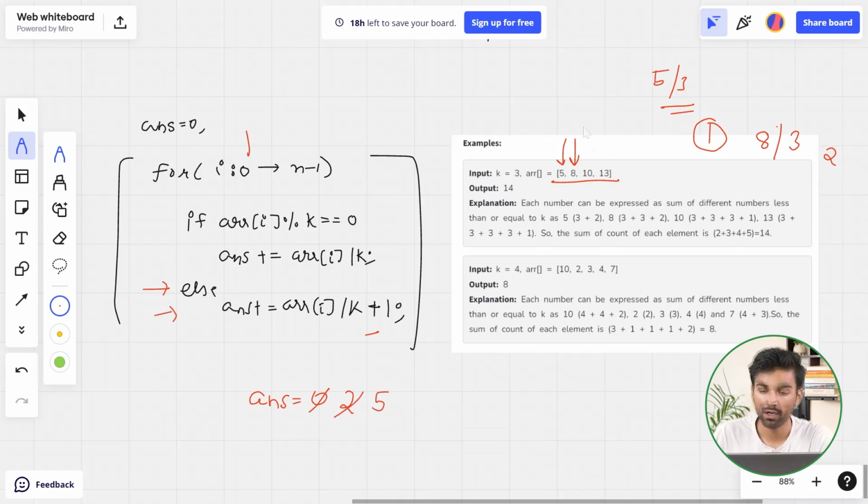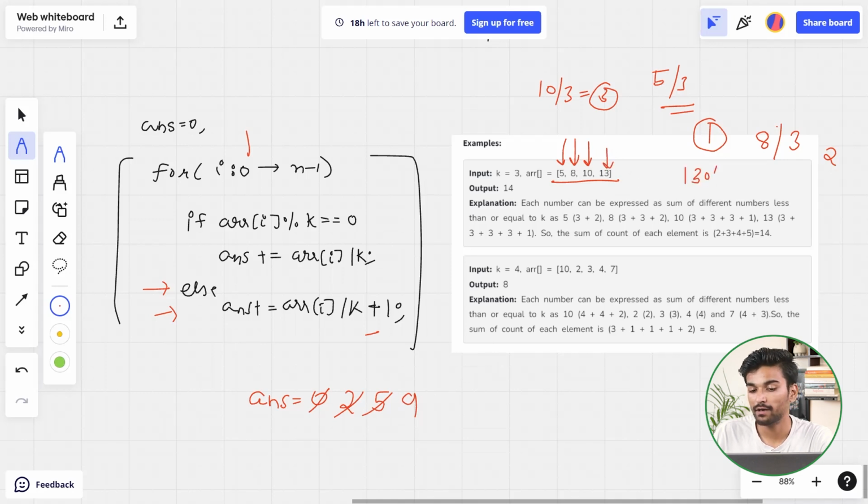2 plus 3. Now we can see that 10 modulo 3 is not equal to 0. So 10 by 3, it will be, I guess, 3, and we will be going into our else part. So 3 plus 1, that is 4. So I will add 4 to my 5, and it will become 9. And at the very last element, it is 13.